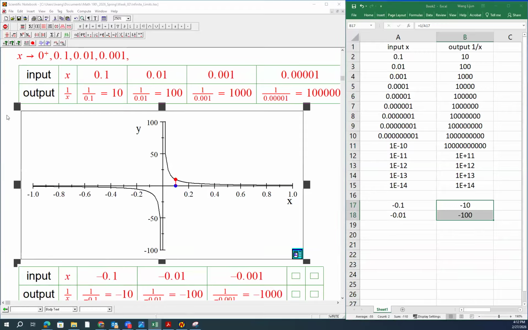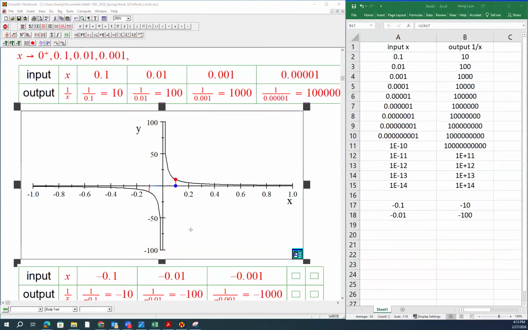So on that side, yes, as you can see, as the blue, which is the input, is negative 0.1, the output will be the red, which is going to be negative 10.